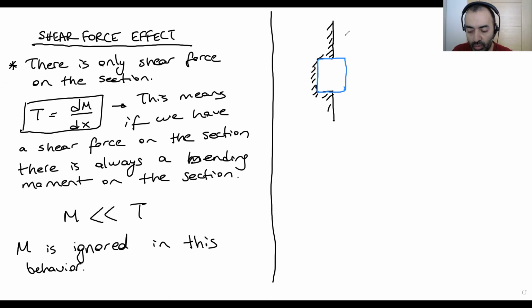So if we apply a force here, there is an eccentricity. That means there will be a moment around this region. But when we compare it with the shear force effect, it's so small. That's why we ignore that. So we take into account only shear force effect.